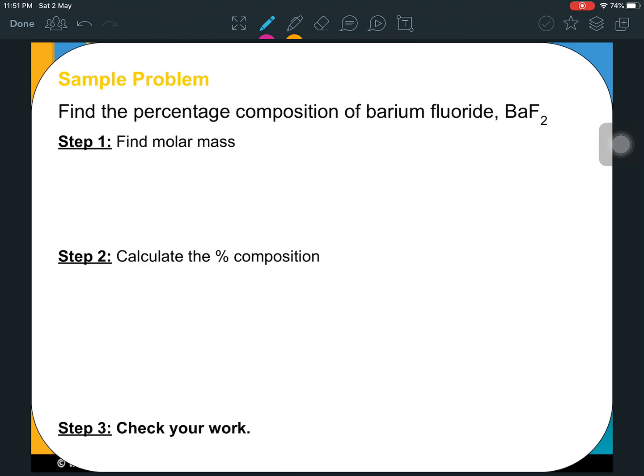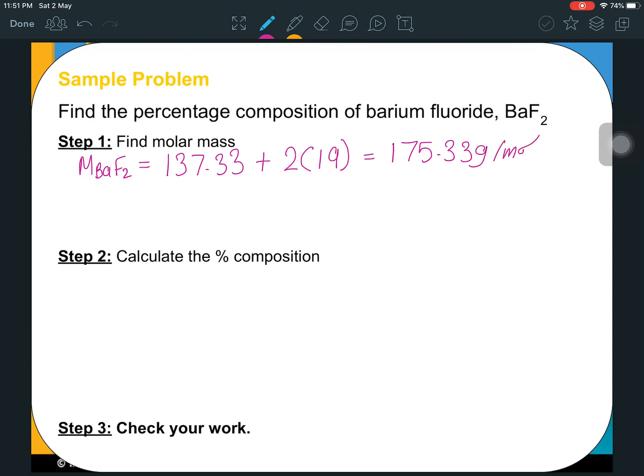First of all, let's find the molar mass of the overall compound. It equals the molar mass of barium, which is 137.33, plus 2 times the molar mass of fluorine, which is 19 grams per mole. And in total, they end up being 175.33 grams per mole. All right? So this is my overall molar mass of my compound.